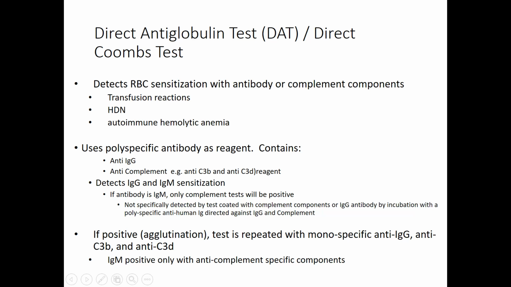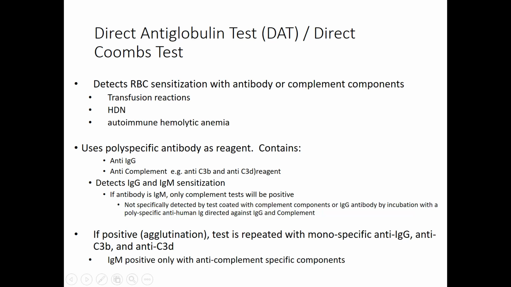The DAT uses what's called a polyspecific antibody as a reagent. This reagent contains a couple of things. It contains anti-IgG, so it's an antibody to an antibody. So it's an anti-human immunoglobulin. We may call it an AHA, anti-human antibody, or an anti-immunoglobulin.